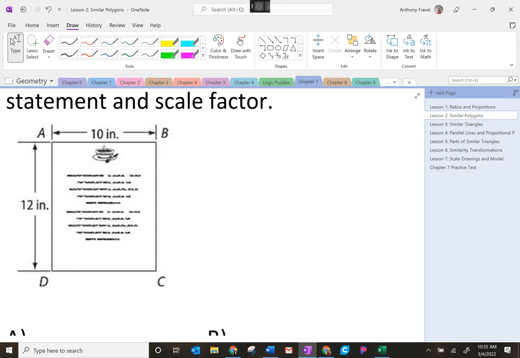I could do that 10 divided by 12. I could try to compare those two sides because it's a rectangle. I could do 10 divided by 12. That's going to give me a number, maybe 0.83 repeating.